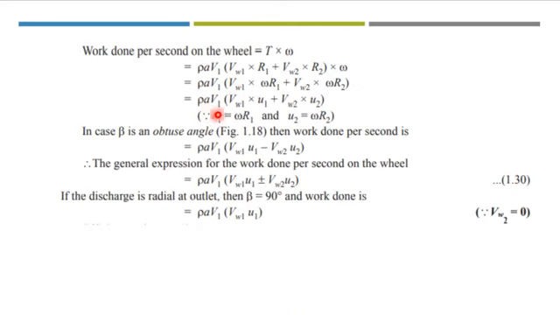We get the following equation for torque: rho a v1 into vw1 r1 plus vw2 into r2. Now, the work done on the wheel can be calculated by multiplying this torque with its angular speed, which is omega.